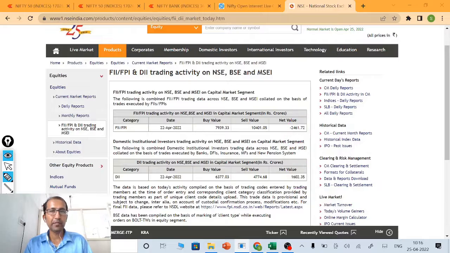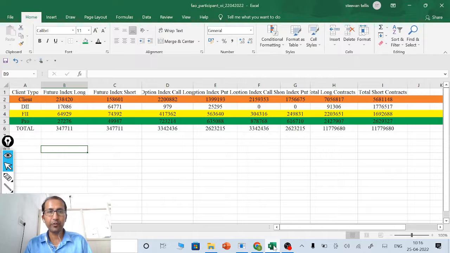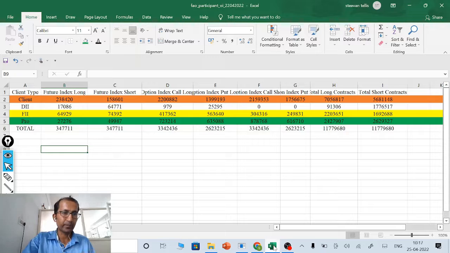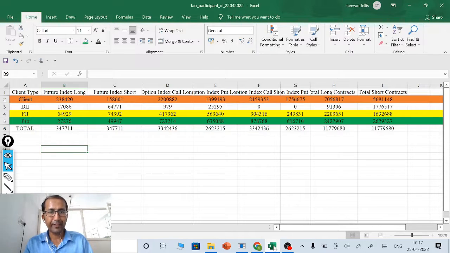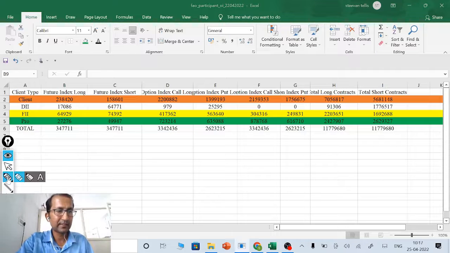Now straight away let me go to the very important statistics on client wise derivative positions. You can see I have marked FIIs with yellow. FIIs have option index put long, so they have purchased more puts.